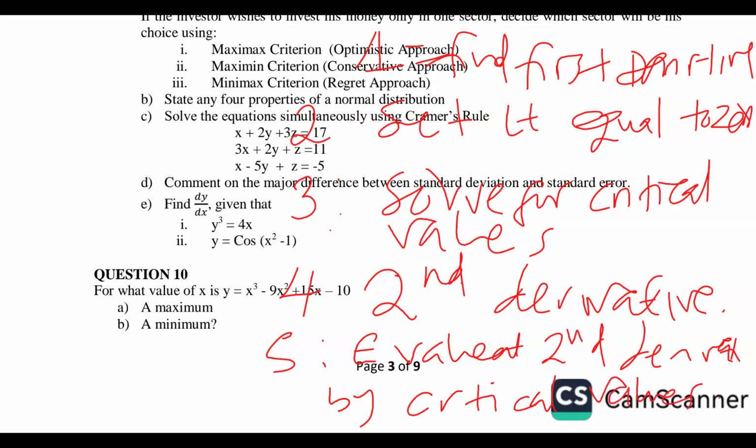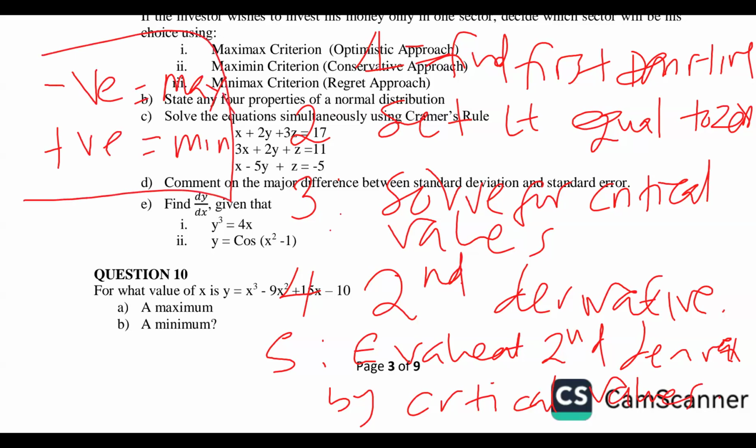You evaluate it by putting in the critical values. Now, the decision rule is, if the answer is negative, then this gives you the maximum. And if it's positive, that gives you the minimum.